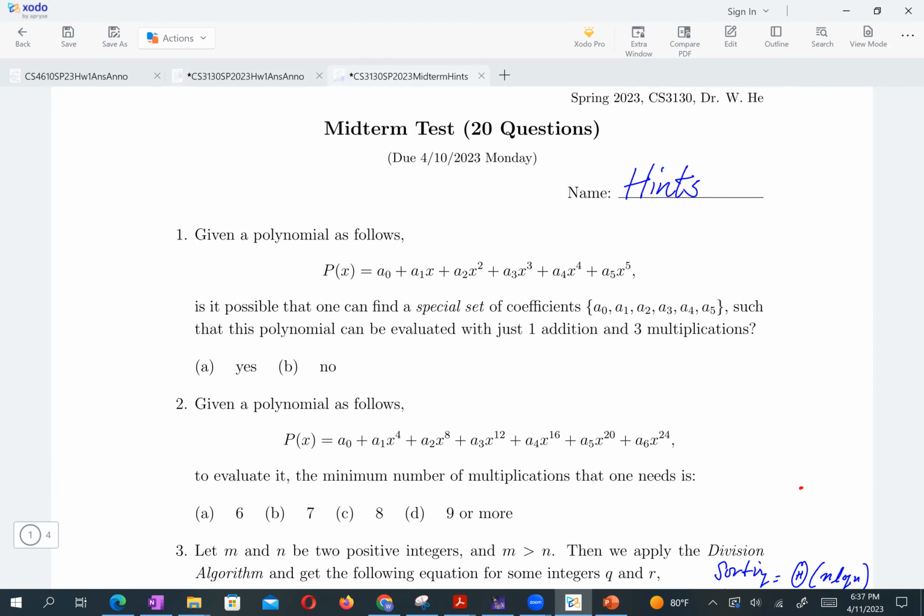Based on our experience, when we can choose special coefficients, then we do not need many, we can use a fewer number of comparisons, right? Here, think about Pascal's triangle.